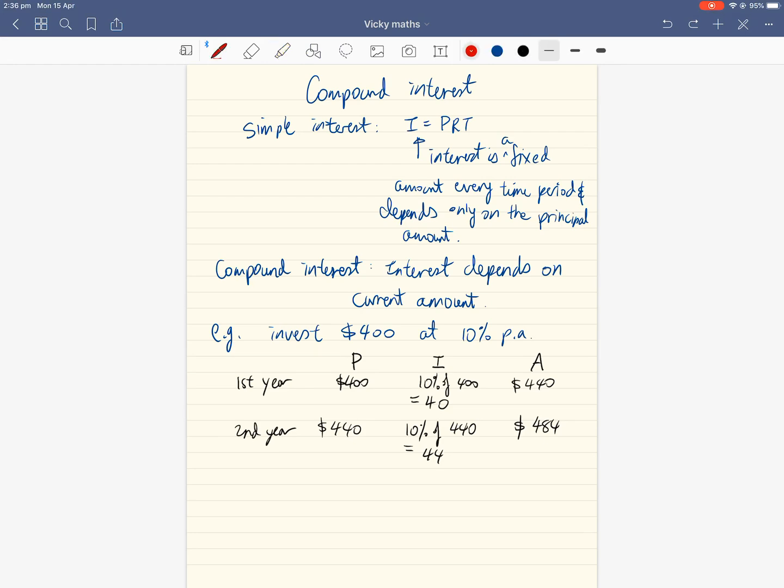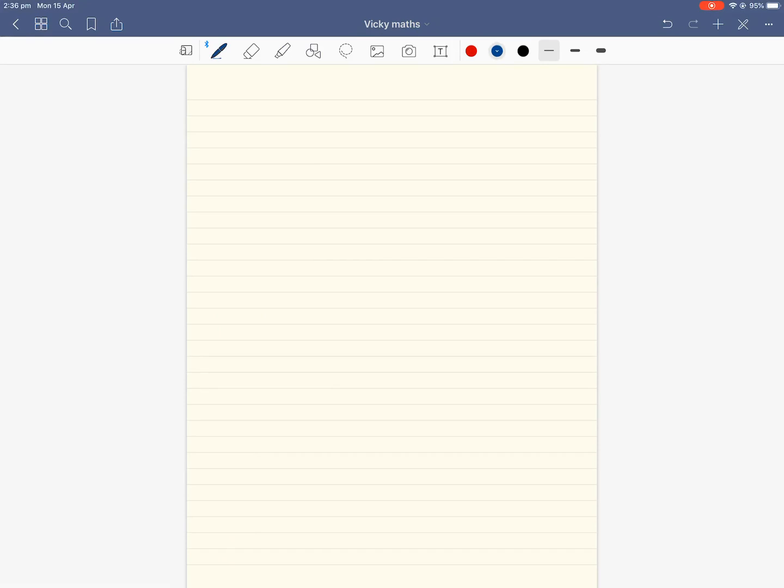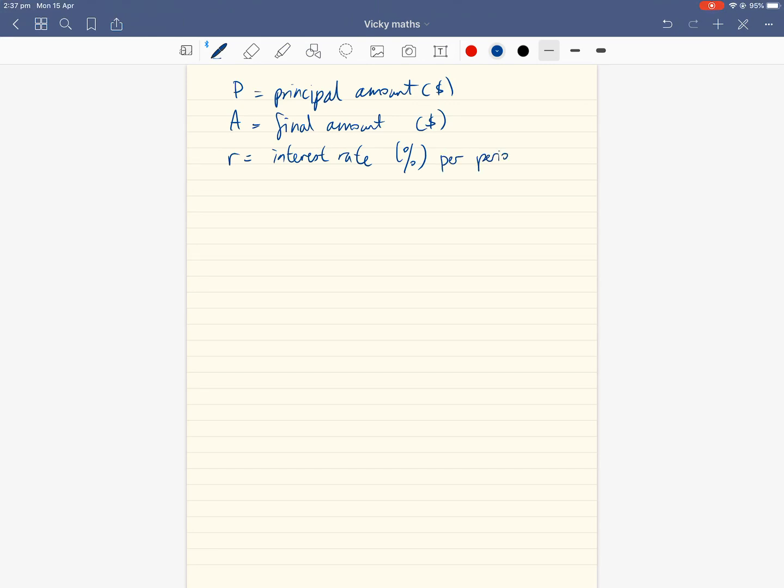And so the amazing compound interest formula to use is A equals P times (1 plus R over 100) all to the power of N. Now what do those letters mean? P is your principal amount, and it'll be in dollars. A is your final amount, and that's in dollars. R is your interest rate, in percentages, and it's the interest rate per period of investment.